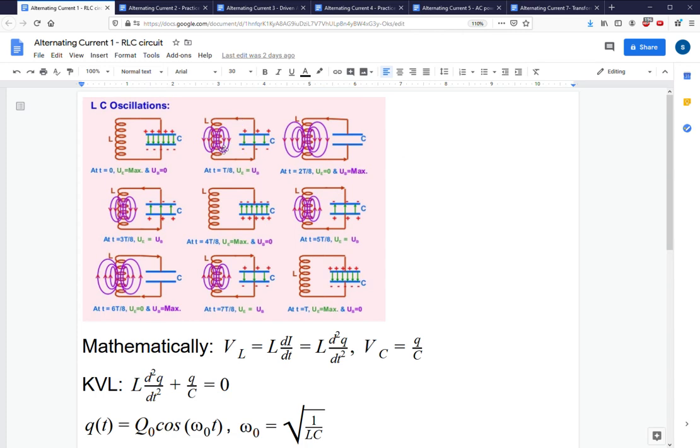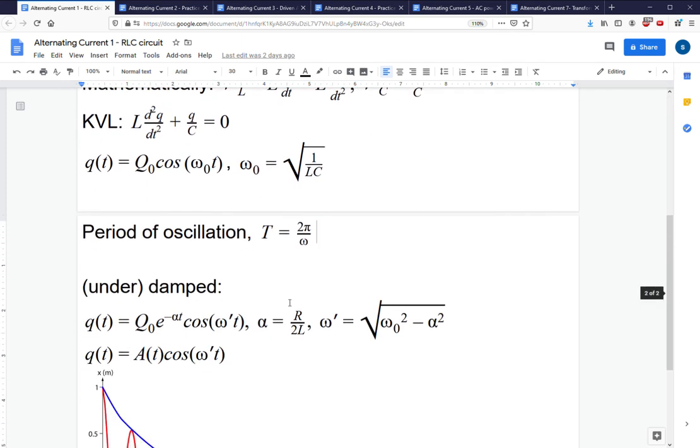But even in, say, this state right here, the energy of the inductor plus the energy of the capacitor adds up to some constant value. The energy trades back and forth between the inductor and capacitor, but it always remains the same. However, once we put in a resistor, that changes.